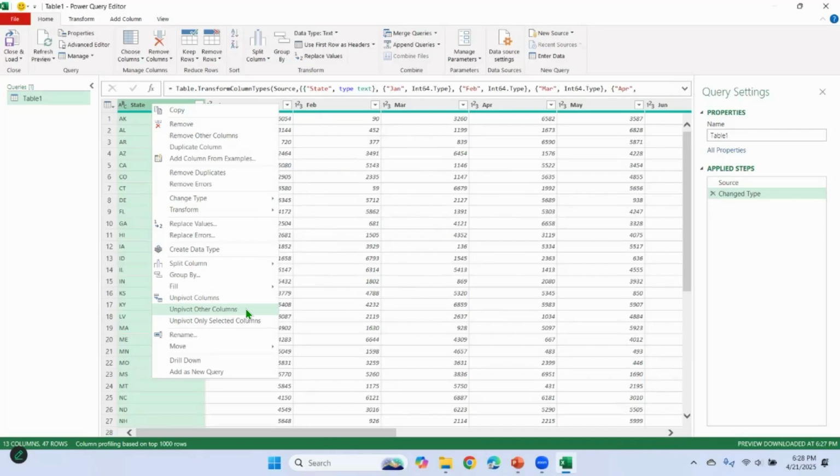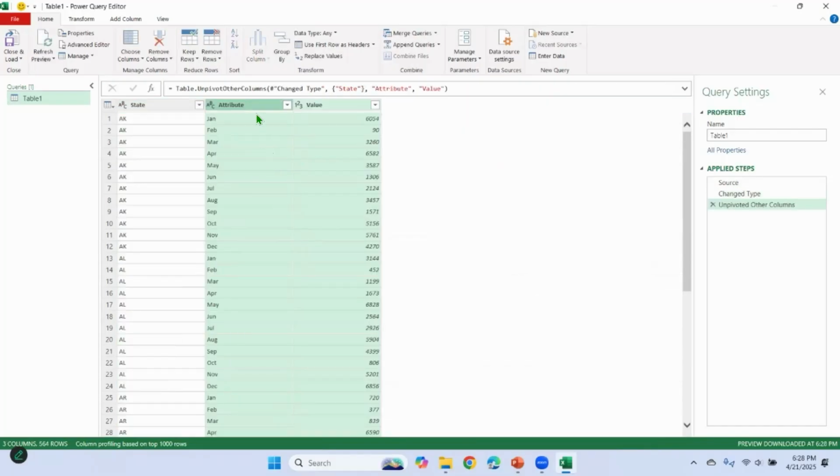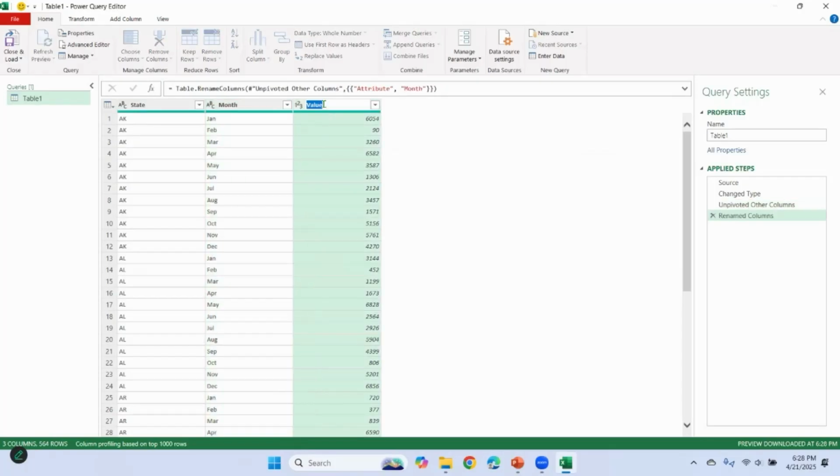Everyone with me? Unpivot other columns. The moment you say that, you get 3 columns. Now this one is Attribute. You double click, and what is the name of this one? Month, right? Month. And this one is Value. Maybe we can say sales amount or profit. For now, I'll say Amount. It could be anything. Amount.